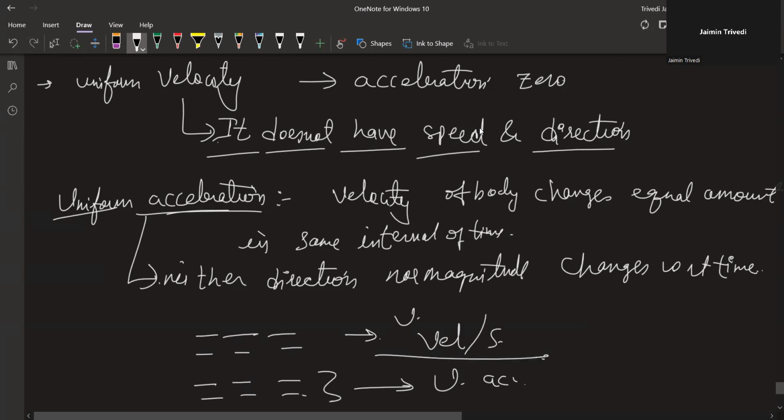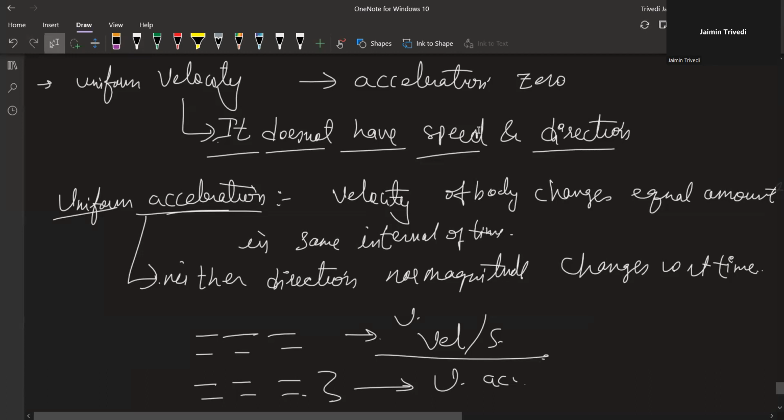That is what uniform means. It is moving, but we are not worrying about the direction here. Neither direction nor magnitude changes, so it is a fixed value. It is not increasing, not decreasing.